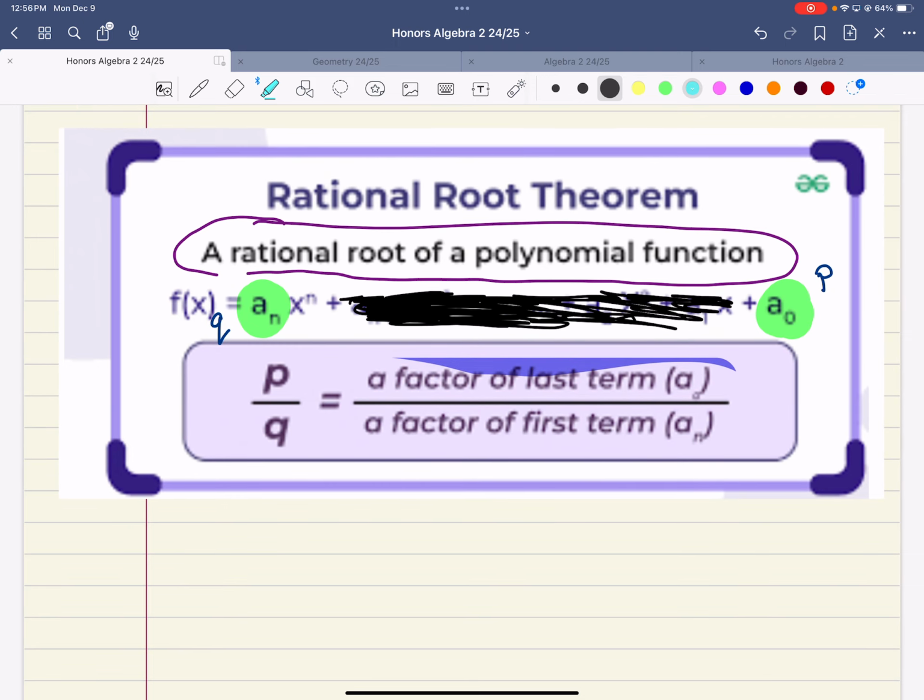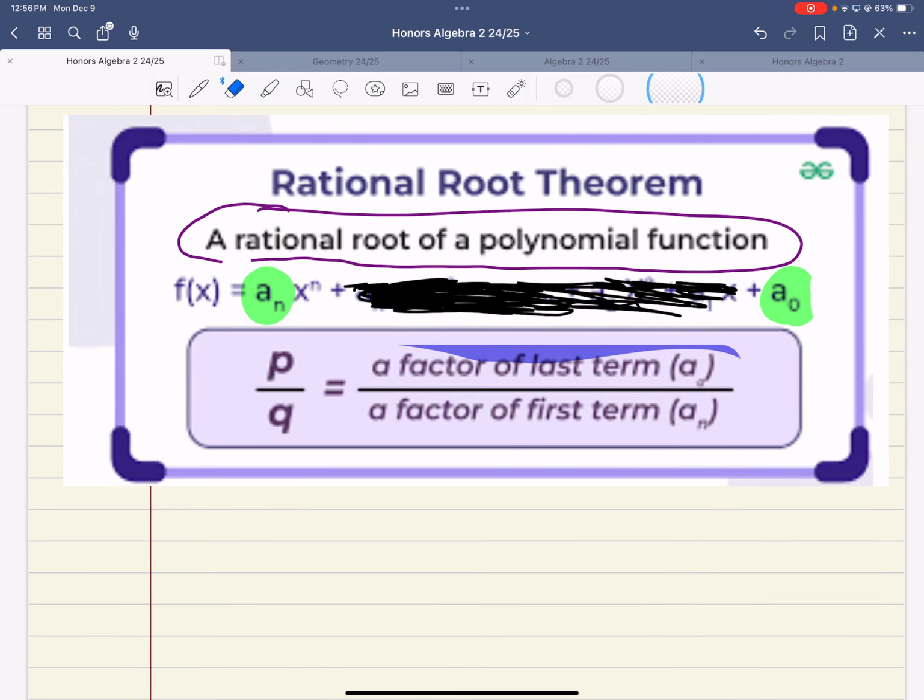This has a theorem. We should probably give you the theorem. The theorem itself is what we call the rational root theorem. The rational root theorem says this: a rational root of a polynomial function. Let me get rid of this Q for a second. You don't need that Q right now.